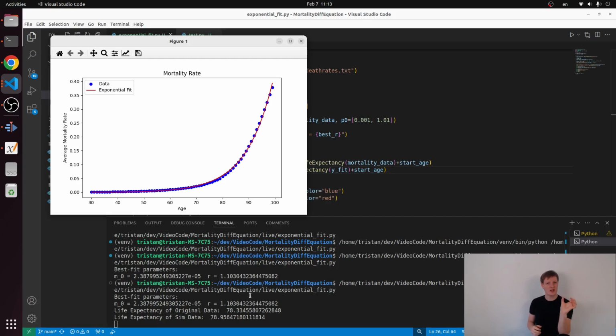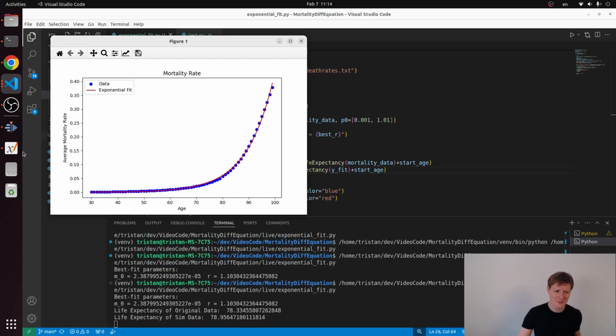So the rate of change of our account balance is some constant times the amount. And this results in an exponential function. And because we see an exponential function here, we can actually be certain that the underlying causes of mortality behave by the same rules. So our change in mortality rate is equal to some factor times the mortality rate.